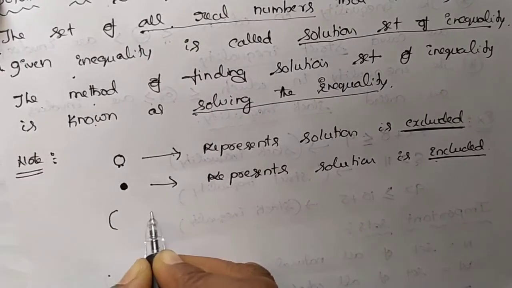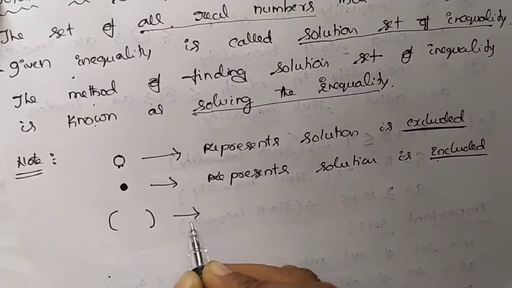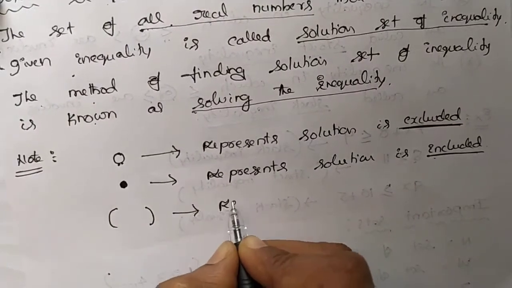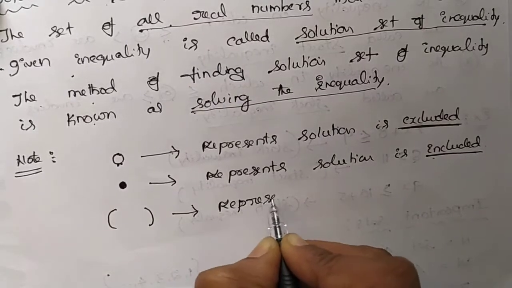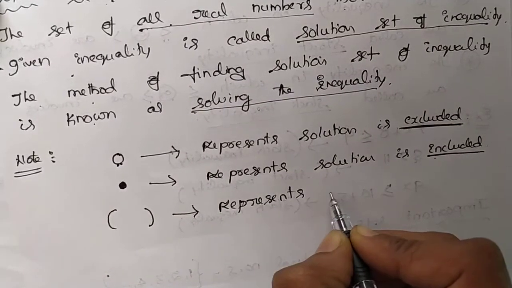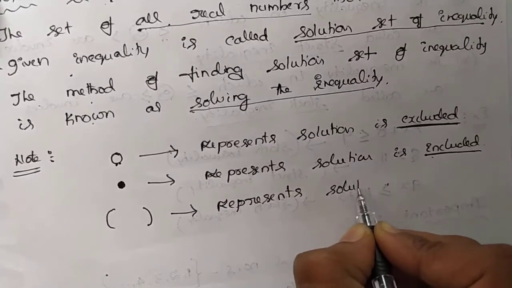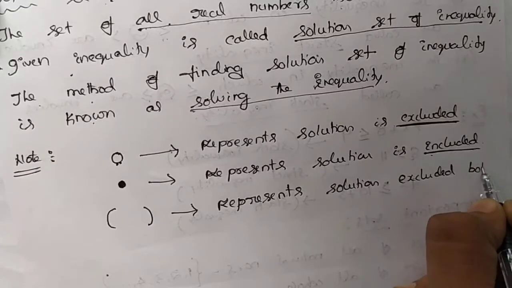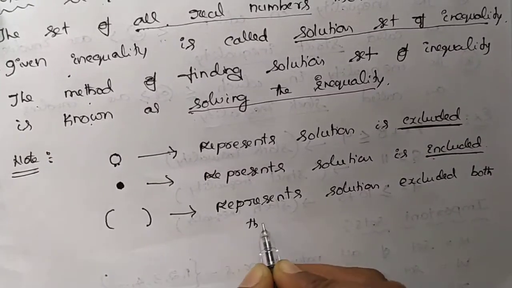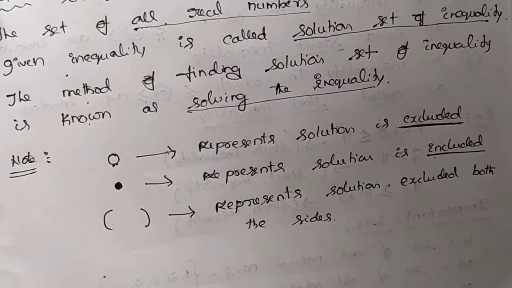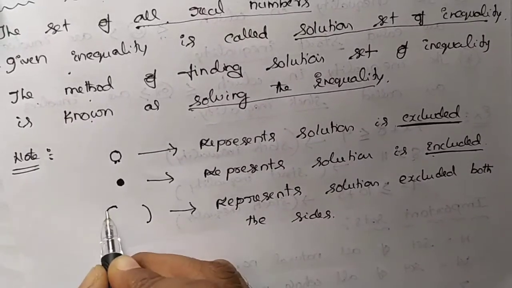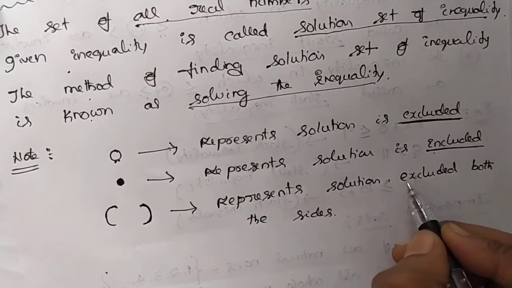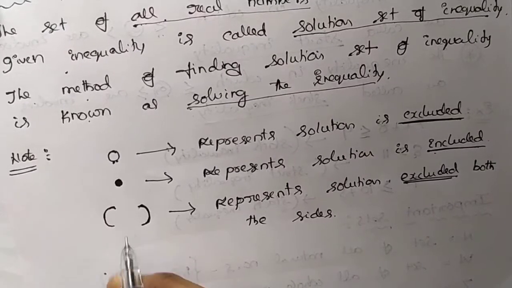Now, these brackets represent solution excluded on both sides. Okay, these brackets represent solution is excluded on both sides.